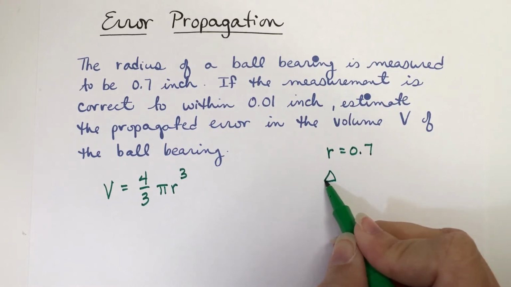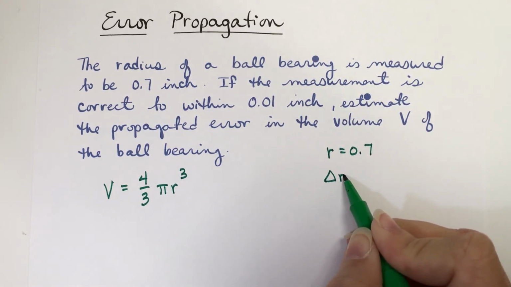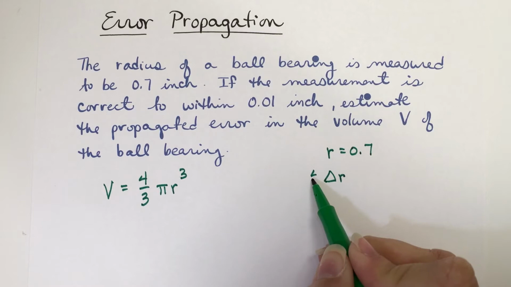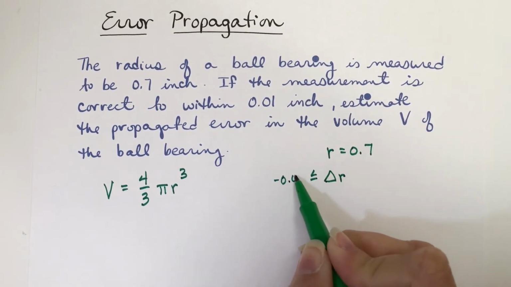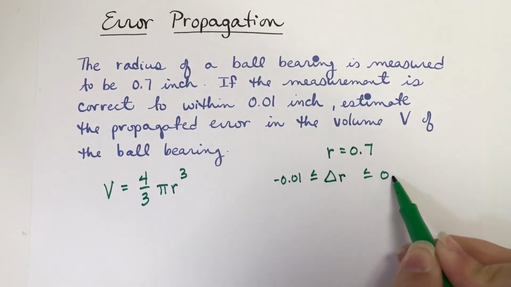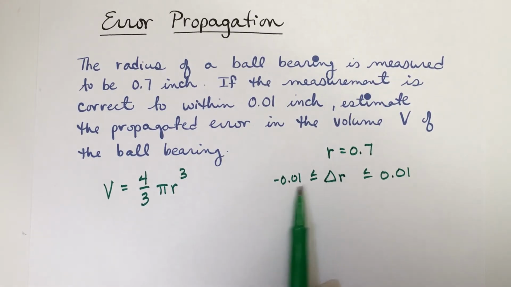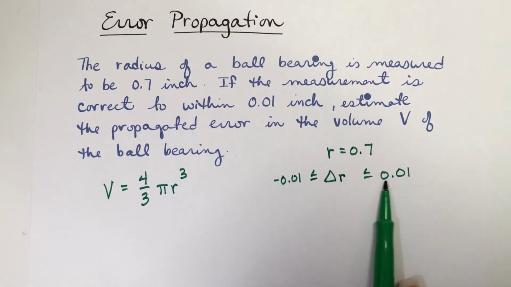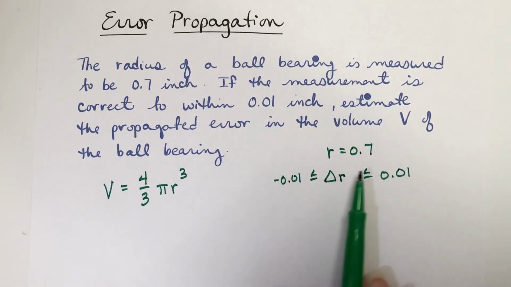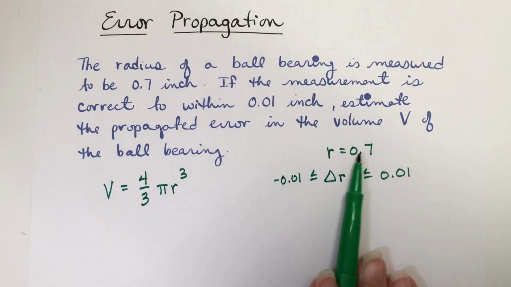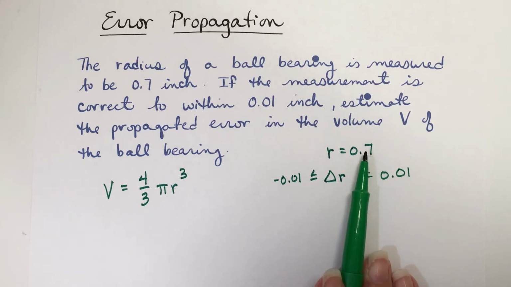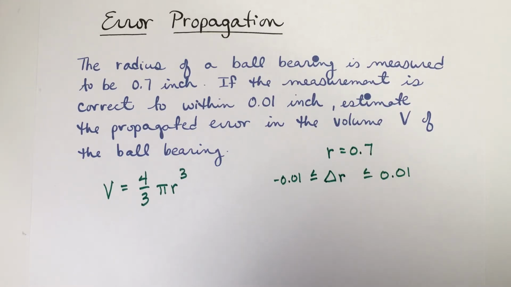So the change in your radius is from negative 0.01 to positive 0.01, because you can go 1/100 less than this, or you can go 1/100 more than this. You're allowed to be off that much, okay?